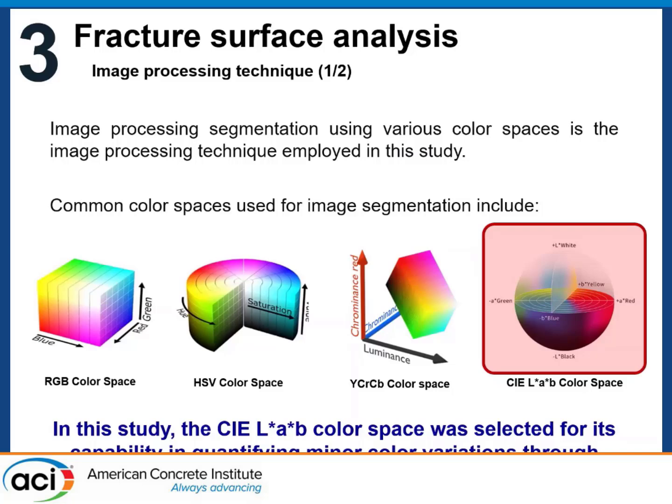He ended up using the CIE Lab color space, in which he can quantify really minor changes in color. With these minute changes in color, he can do a sensitivity analysis.